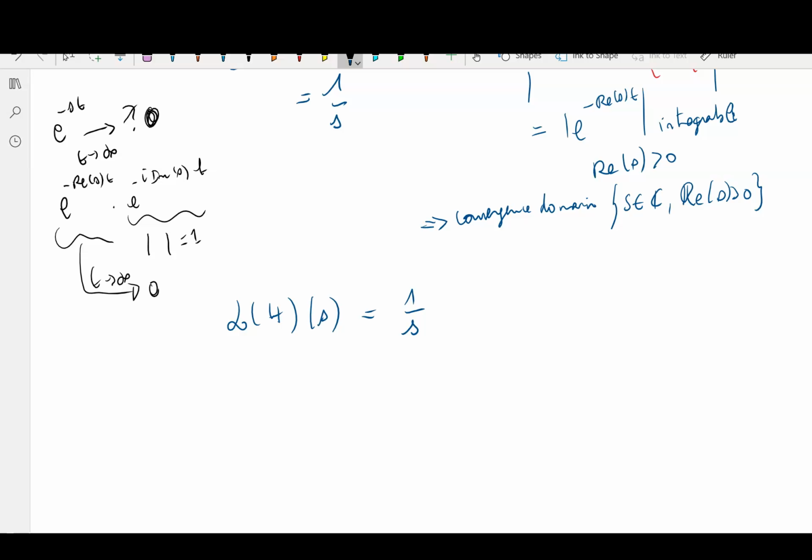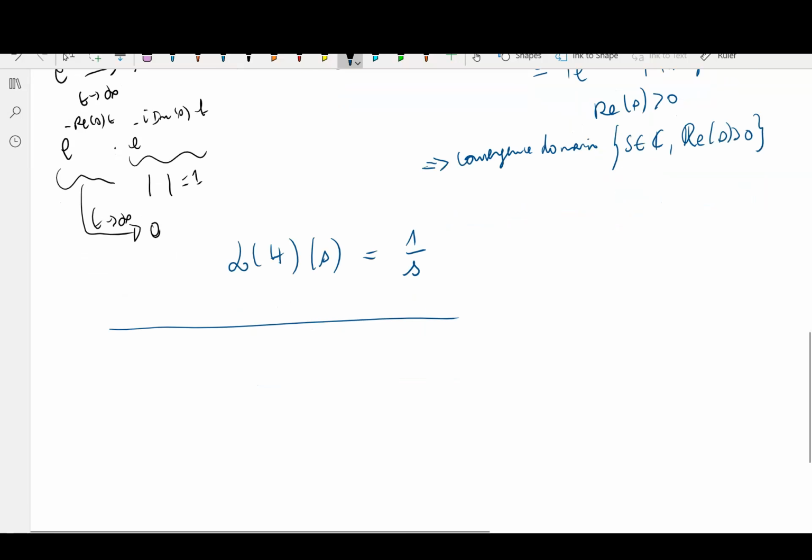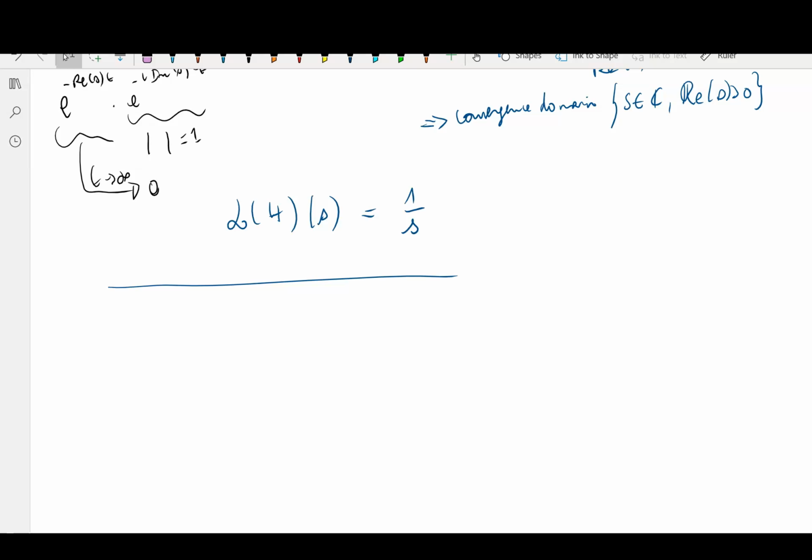Well, before we go on with the usual properties of the Laplace transform, let's just have a very quick look at its relation to the Fourier transform. Let me remind you that f hat of psi is defined as the integral on R of f of t e minus 2i pi psi t dt.